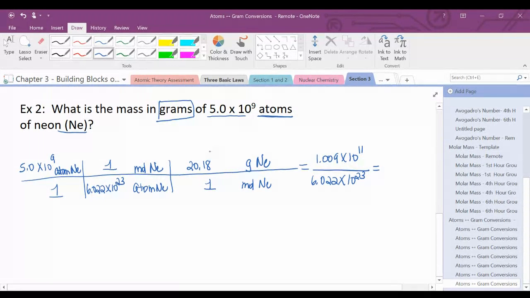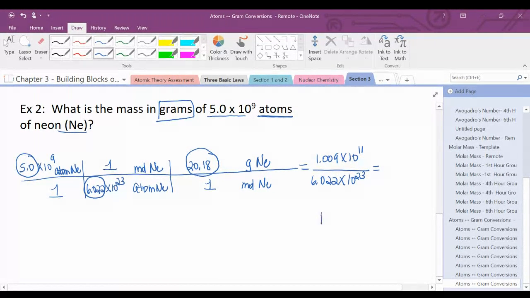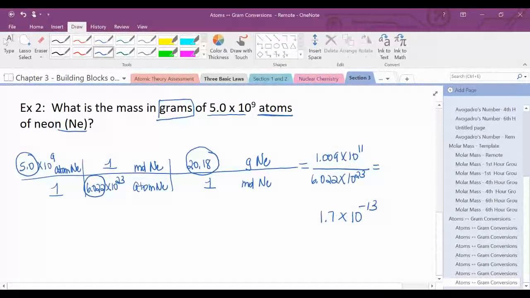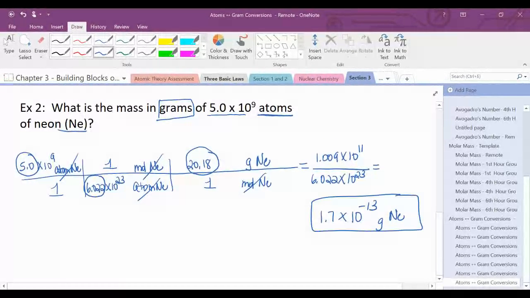Again, you would look at the sig figs in Avogadro's number and the sig figs in our given. The fewest sig figs is 2, so my answer is 1.7 times 10 to the negative 13th. In terms of units, my atoms of neon canceled, my moles of neon canceled, and this is grams of neon. All right, so this concludes our mole conversion lessons.